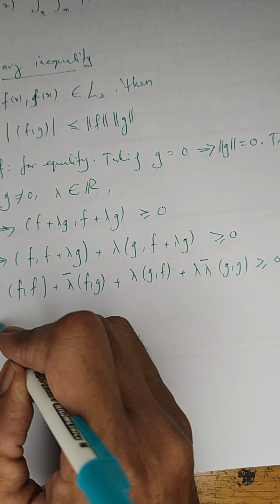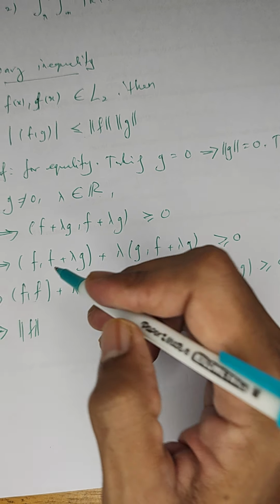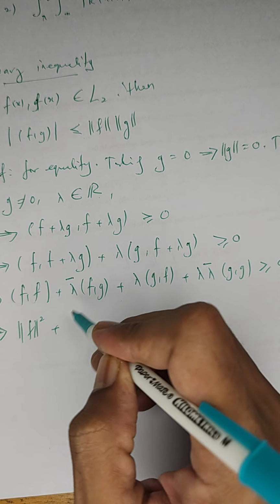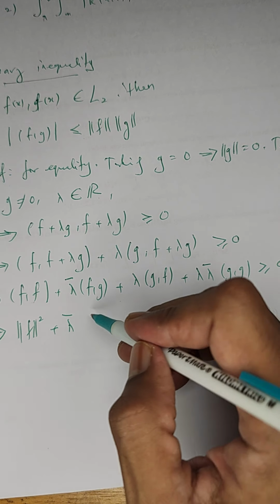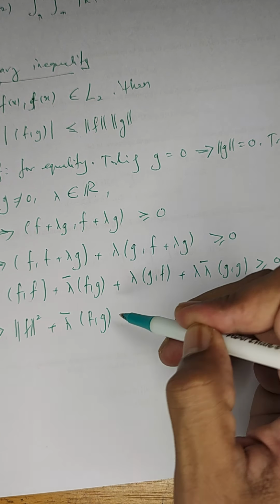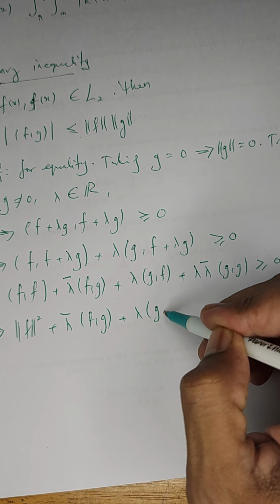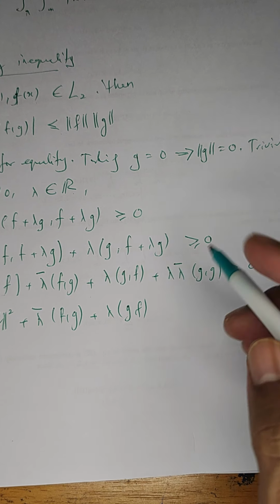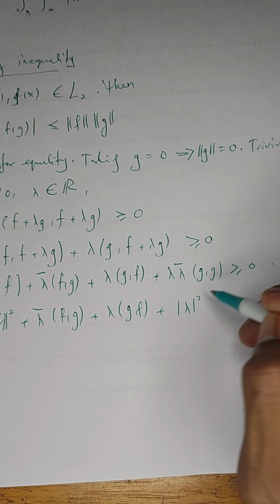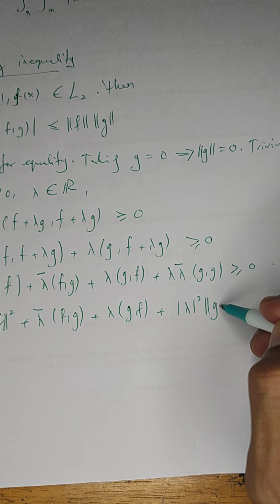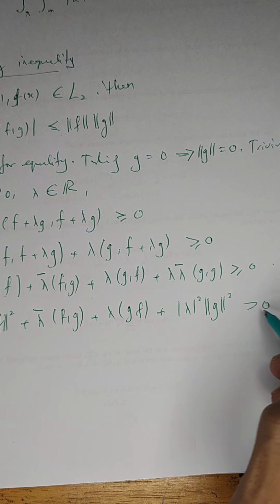So that gives us the norm of f squared, plus lambda conjugate times fg, plus lambda times gf, plus lambda squared times the norm of g squared. This is positive.